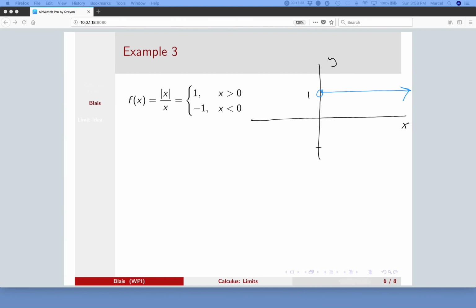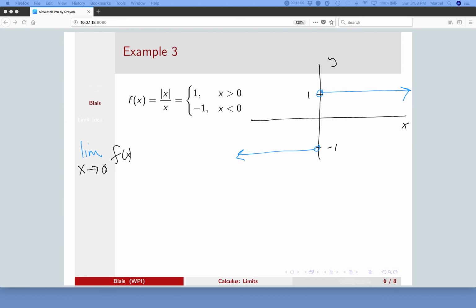Similarly, down here at minus 1, for any x value that's negative, we have the function taking on minus 1. So this is the graph of this function. And one common limit to think about with this is, what about the limit as x goes to 0 of this f of x?